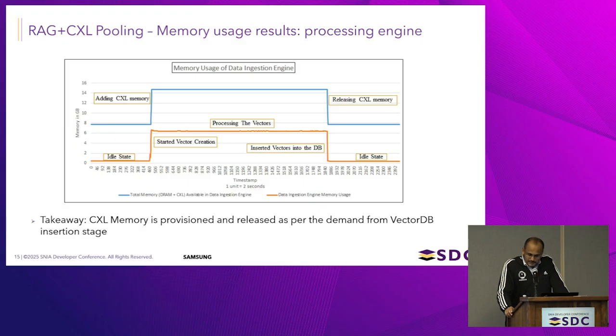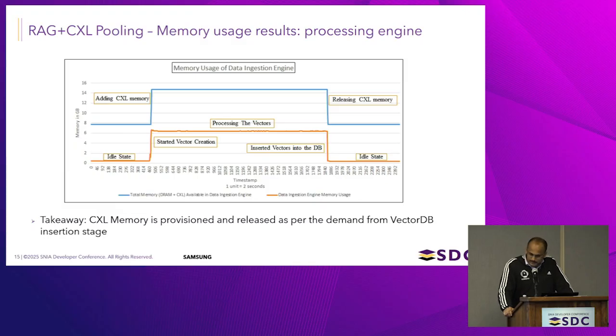You can see that in the beginning of the graph, as soon as we start stage 1, which is the vector creation stage, the memory usage goes high, which is the orange line. As a result, the memory availability goes low, below the watermark, and more memory is provisioned through the orchestrator. The total memory availability goes high.